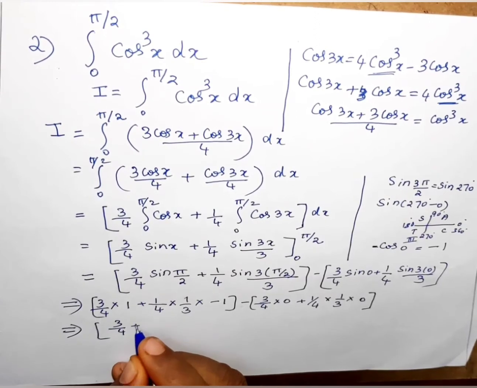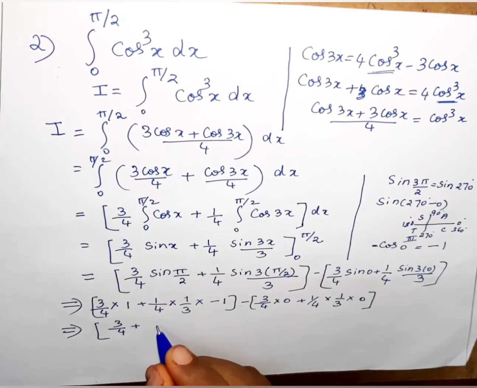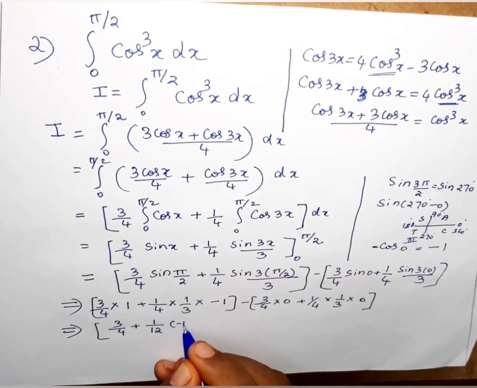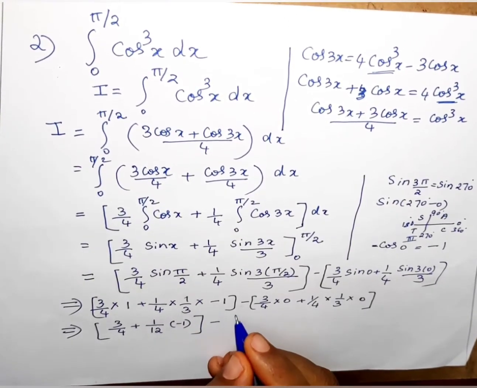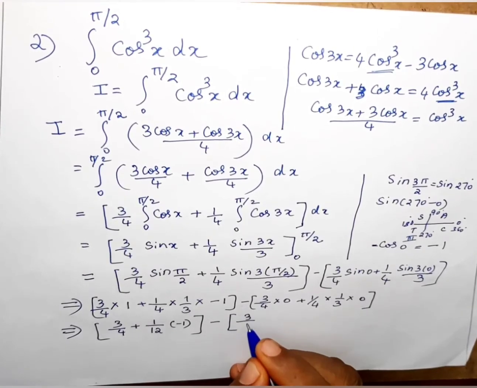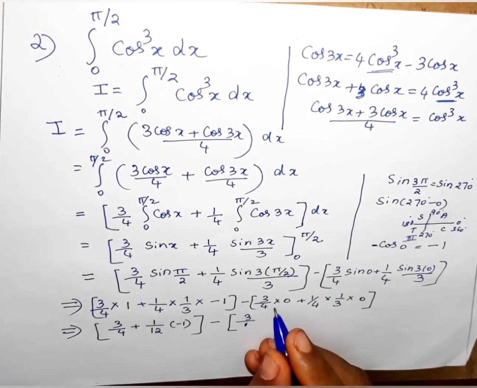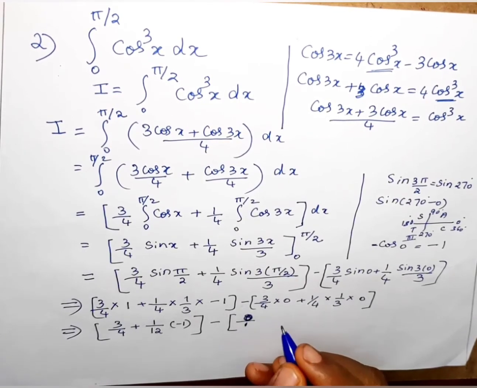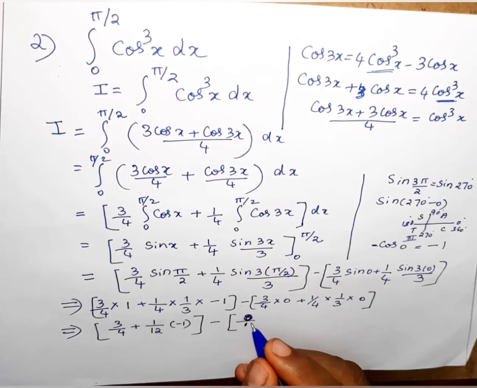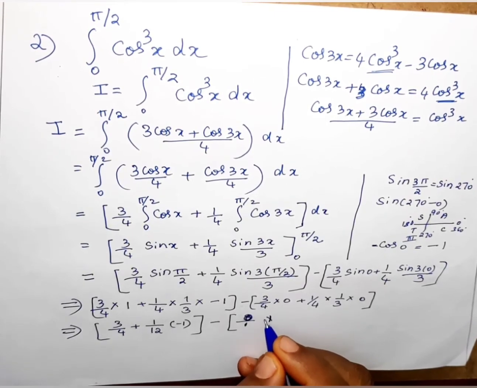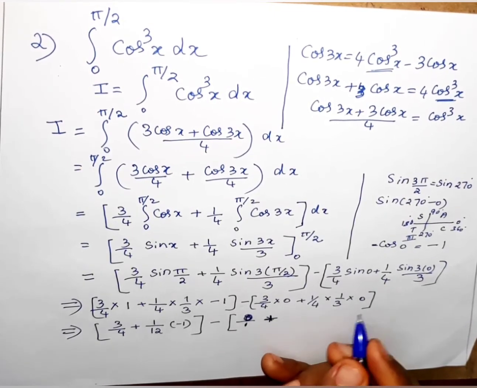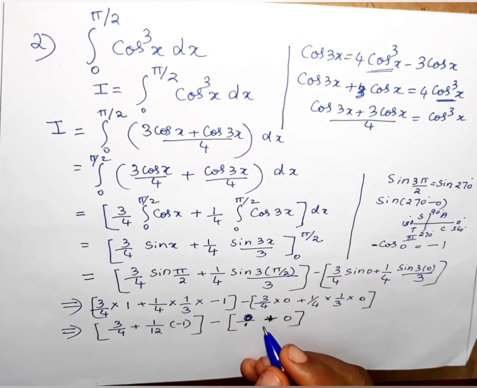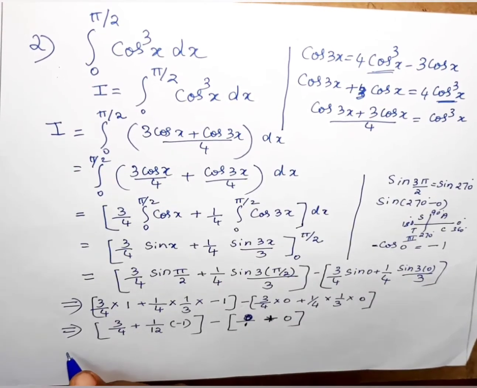So we have written there 0. 3 by 4 into 1 is 3 by 4, plus 1 by 4 into 1 by 3, that is 1 by 12, into minus 1, minus 3 by 4 into 0 is 0, plus 1 by 12 into 0 is 0. So we have written 0 plus 0, and 0 plus 0 is 0.